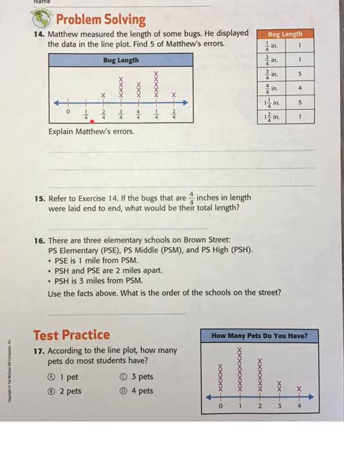So let's check that over here. Oh, I'm looking at the 1/4 and there's no x there. So right off the bat, we can say he is missing 1 for 1/4. That's the first error.